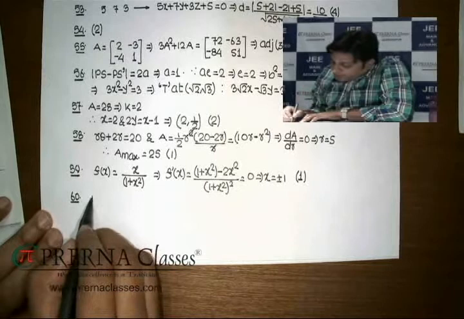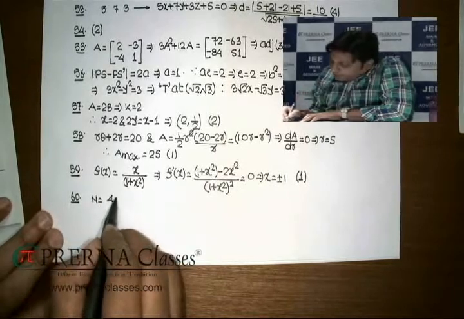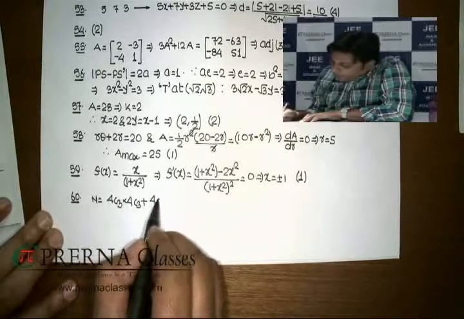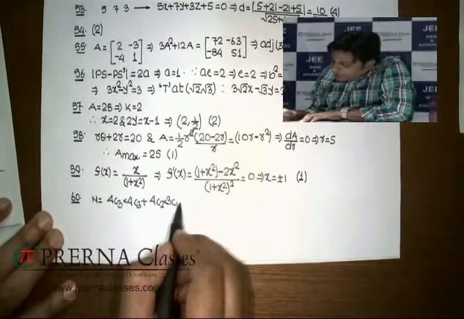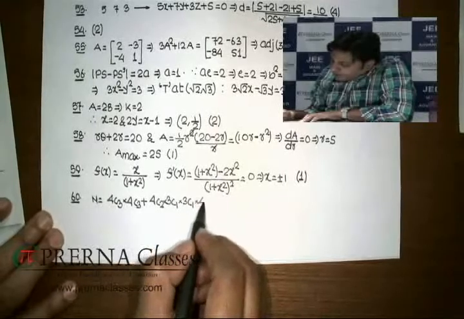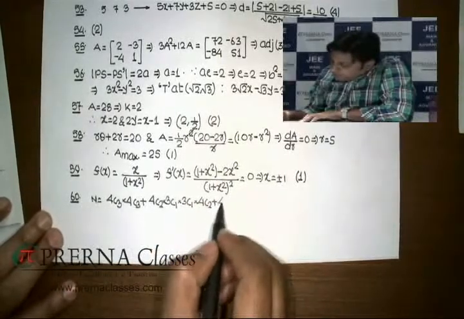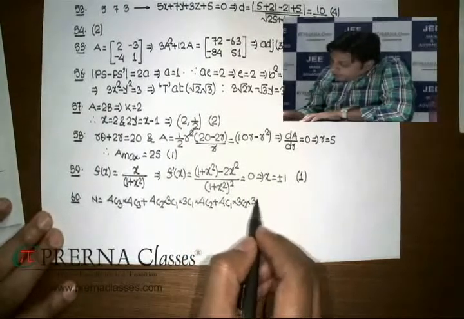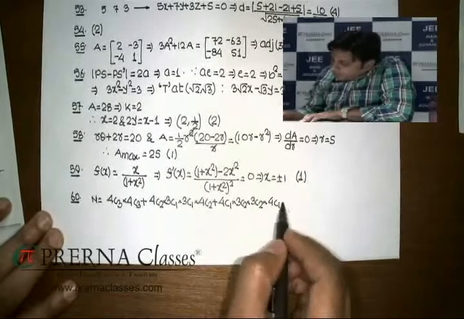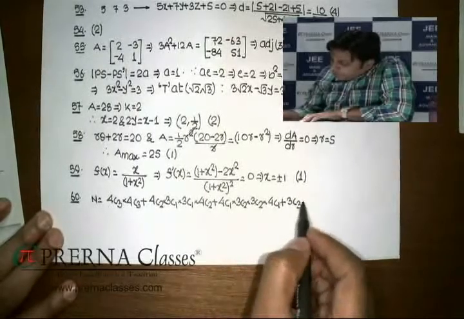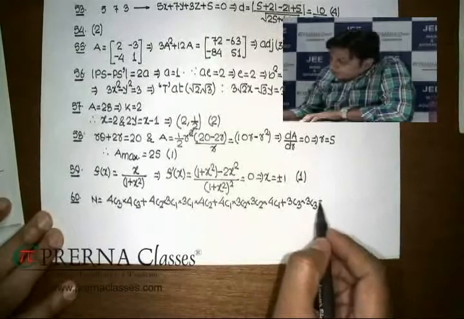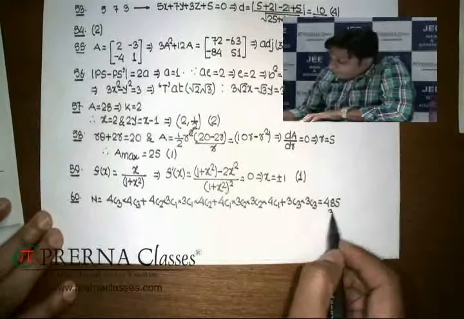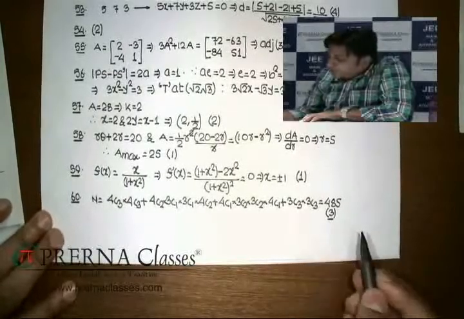That number is going to match with, taking all the possibilities into account, 4C3 into 4C3 plus 4C2 into 3C1 into 3C1 into 4C2 plus 4C1 into 3C2 into 3C2 into 4C1 plus 3C3 into 3C3. That number is going to match with 485. Therefore, option 3 is the correct answer for this question.